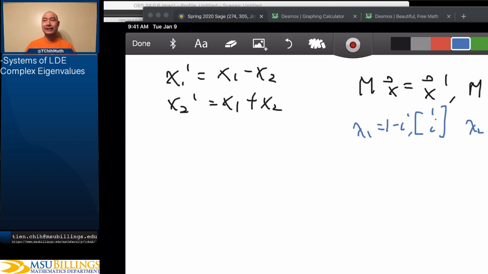The way we did that was by expanding the e to the i theta into sines and cosines, cosine something, i sine something, and they would come in conjugate pairs, and then we would use the fact that we could take linear combinations of them to cancel out the complex parts one way or the other to get two real valued solutions who are linearly independent, right?